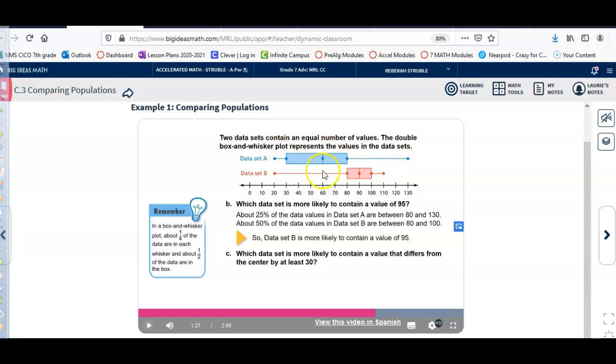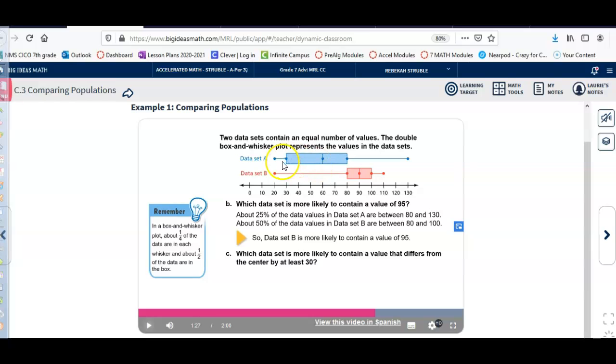Okay, so that's data set A. Data set B, if we take a look at 30 points away from the center, we don't have anything greater than 30 points away. But if we take a look lower, we have maybe 20, maybe shy of 25, okay?